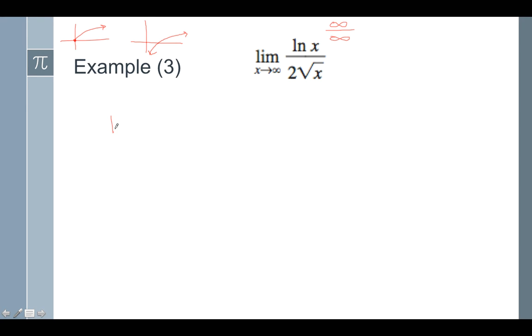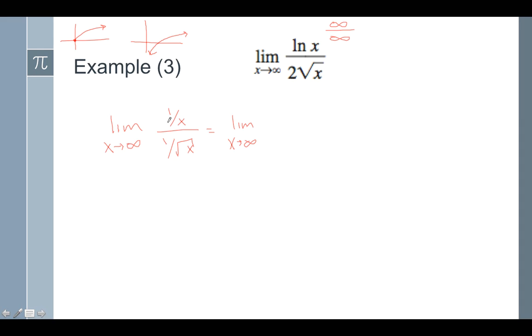Using L'Hopital's rule, we say this is the limit as x approaches infinity of, okay, derivative of natural log is 1 over x. The derivative of 2 radical x is 1 over radical x. And we can do a few things here.